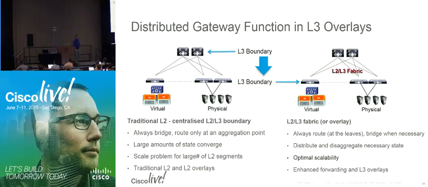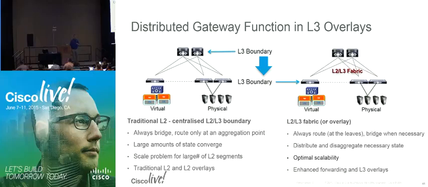What we're actually doing these days, we're moving the L3 boundary closer to the ToR, or actually on top of the ToR, as close as possible to the end host. So with this, I have my L2 and the L3 boundary right where the classic Ethernet stops and the VXLAN starts.